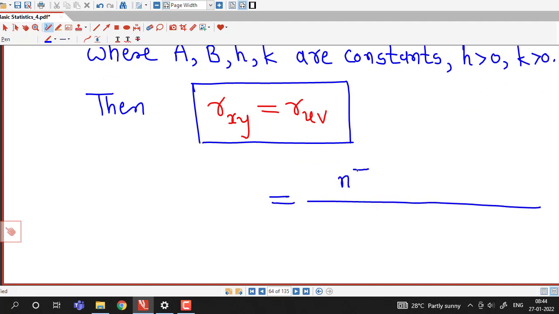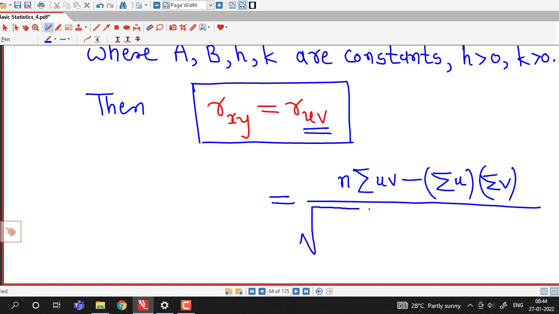Suppose we want to use alternate formula, we will write this is equal to n times sigma uv minus sigma u times sigma v, in the denominator square root of, first term we write by replacing v by u in this numerator.